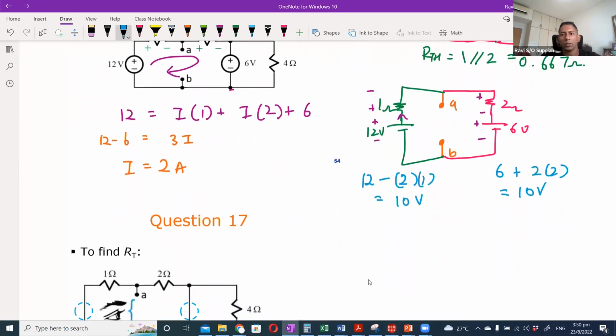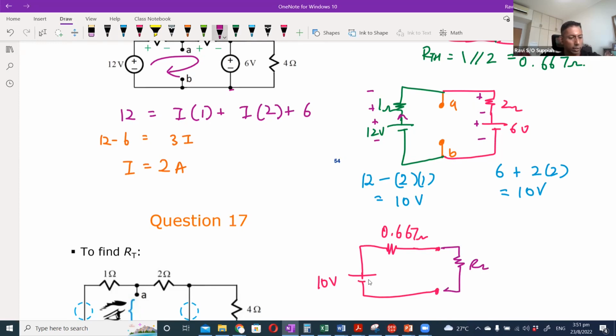Once you know that, you can go ahead to finalize the circuit. So you have 10 volt here, which is your VTH. RTH was 0.667 ohm. And then that is your load. Then the rest is the same.